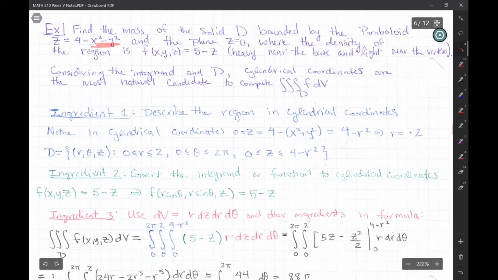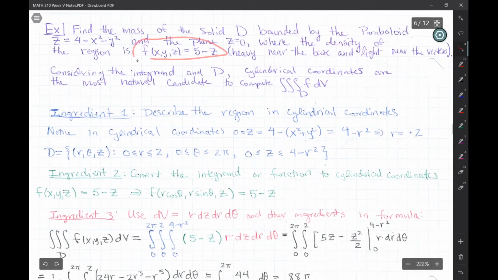Well, that would be equal to r squared in cylindrical coordinates. So the first thing to note is that the domain itself works for cylindrical coordinates. It's simplified if we use cylindrical coordinates.